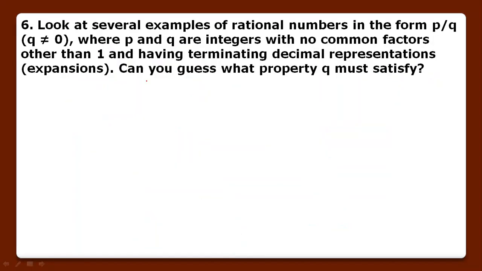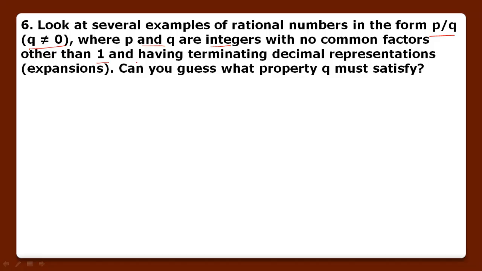Look at several examples of rational numbers in the form p upon q, where q not equals to 0 and p and q are integers with no common factors other than 1. Until now, when we discussed the definition of rational numbers, we wrote them in the form p upon q, where q is not equal to 0 and p and q both are integers. In this question, one more condition is given: p and q should have no common factor except 1.